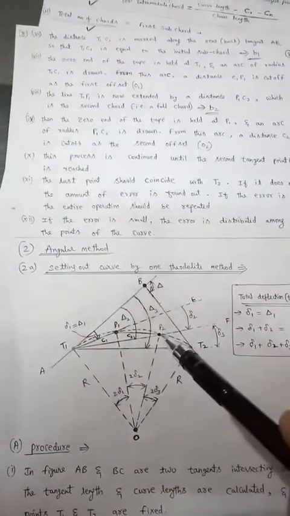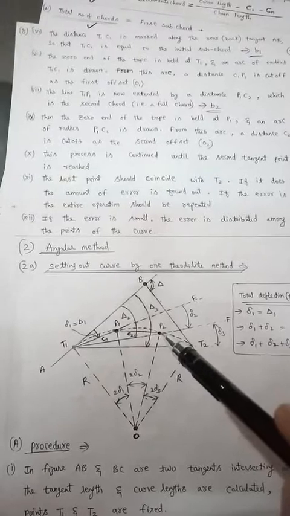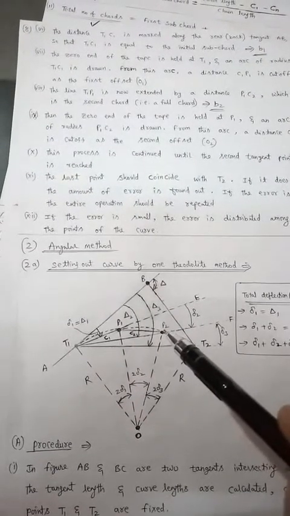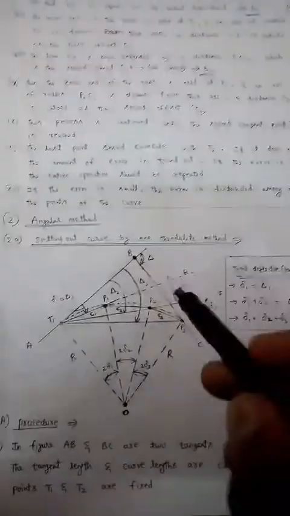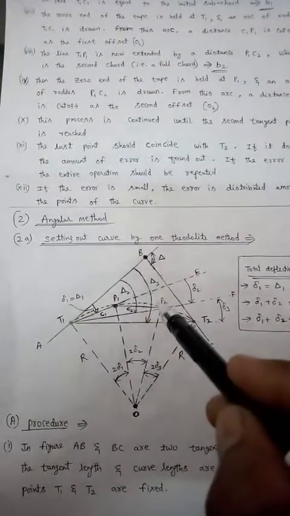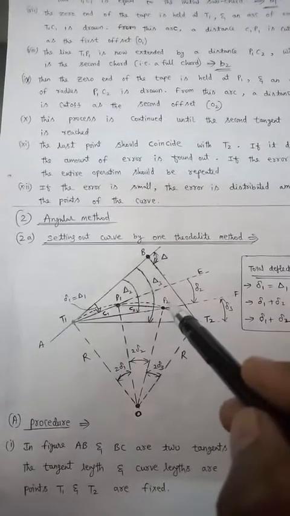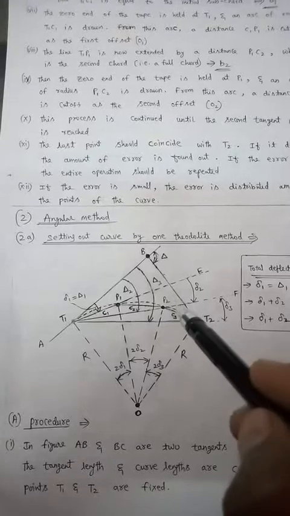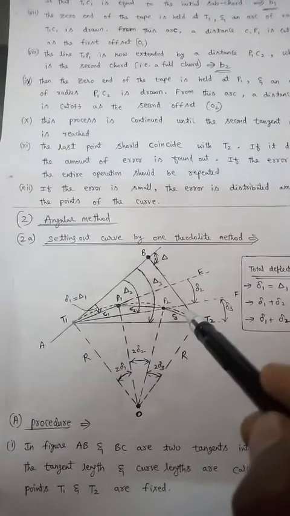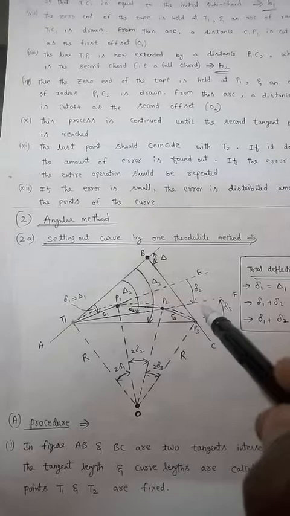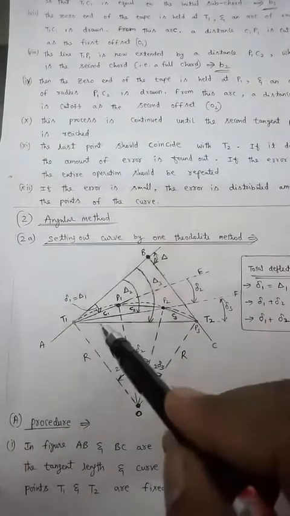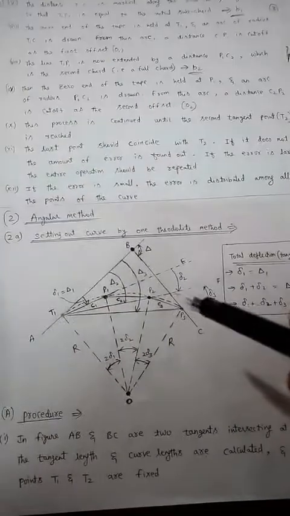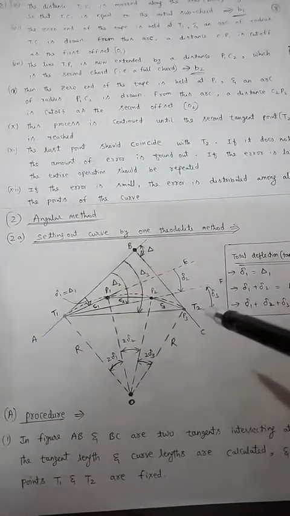Then with the point P2 as the zero end of the tape, an arc of the calculated final subchord distance C3 or Cn is drawn in the line of T1T2. Finally the arc should coincide at T2.